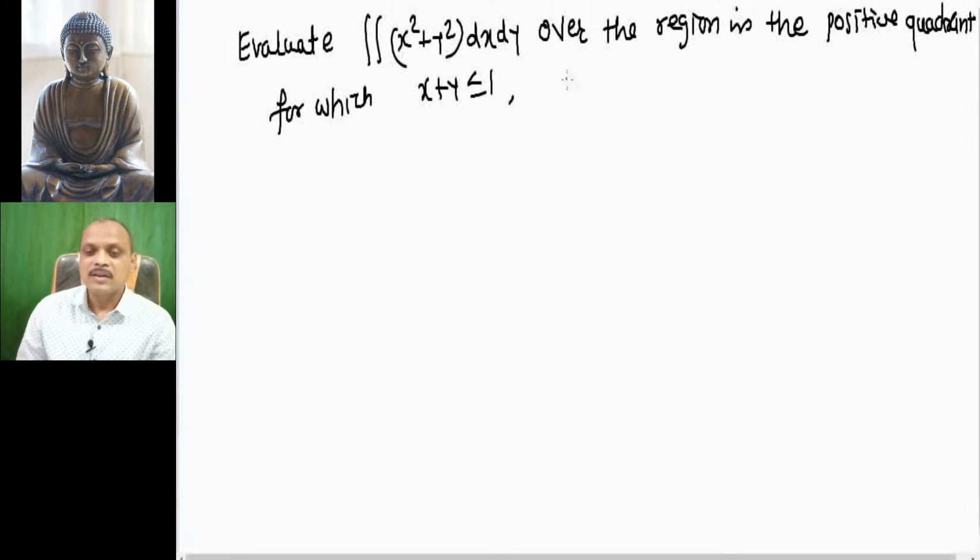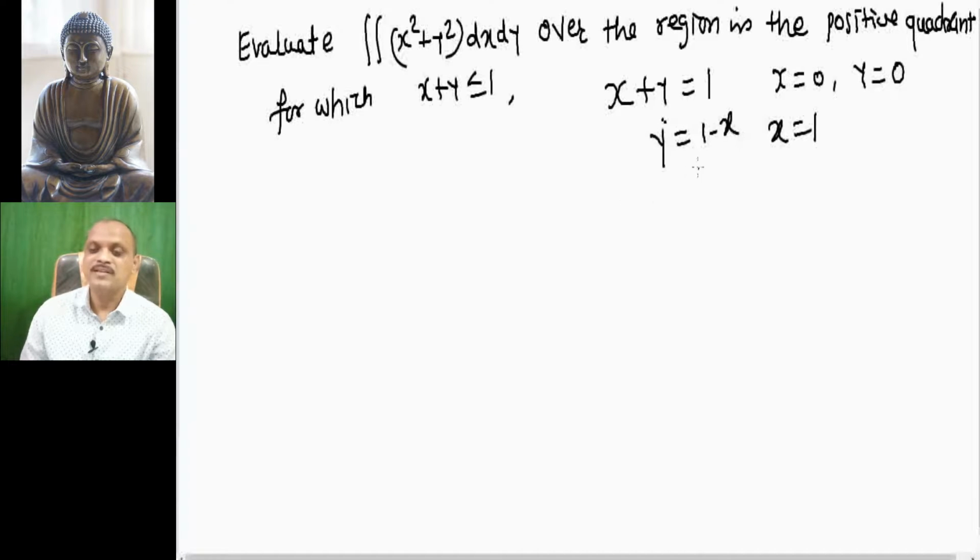Here we have to evaluate this in the first quadrant, and we consider the line x plus y equal to 1. The lower limits are x equal to 0, y equal to 0. On the x axis y equal to 0, so we get x equal to 1, and the line gives us y equal to 1 minus x.